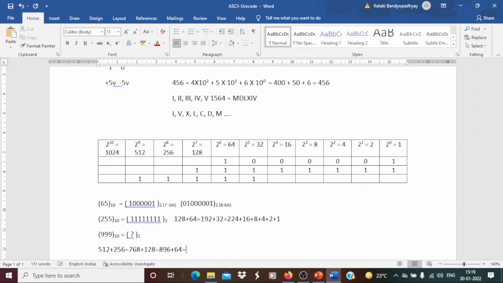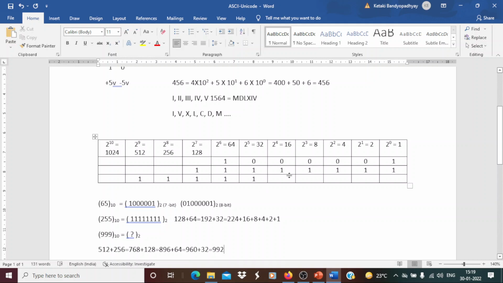So it now becomes 960. Then we have added 32, so it is equal to 992. So almost 992 we have covered.